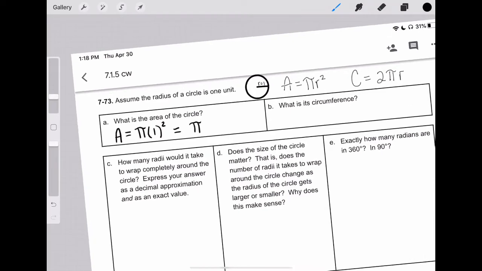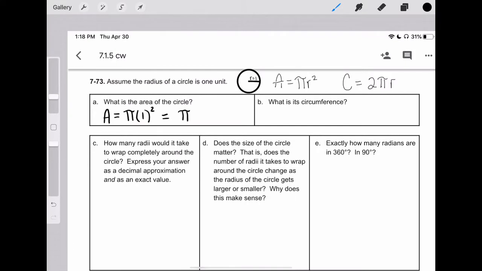That's the area of the circle. Now what about the circumference? So circumference is equal to 2 pi r, which is 1, which gives me 2 pi. Okay, so that means all the way around the circle, it's 2 pi.